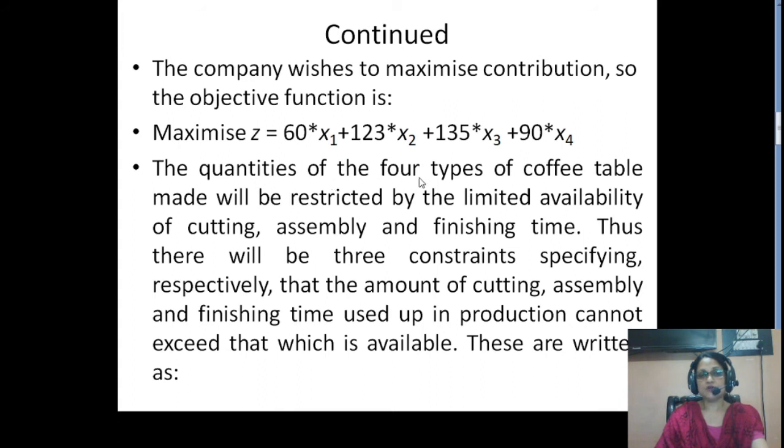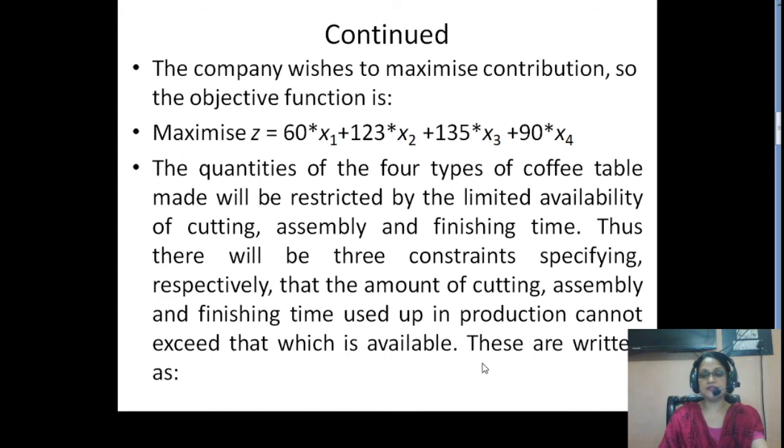The quantities of the four types of coffee table made will be restricted by the limited availability of cutting, assembly and finishing time. Thus, there will be three constraints specifying respectively that the amount of cutting, assembly and finishing time used up in production cannot exceed that which is available.